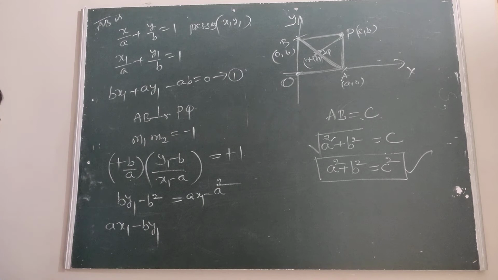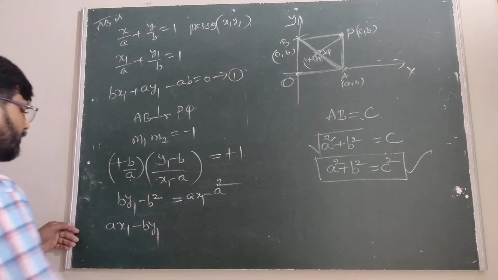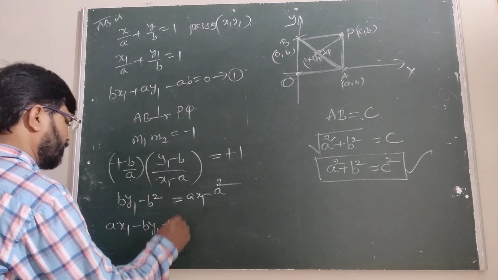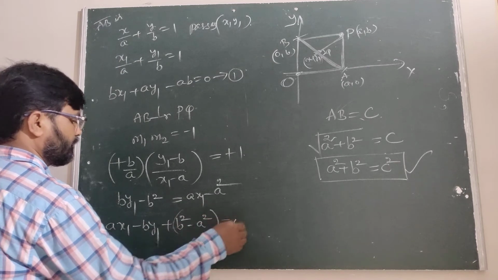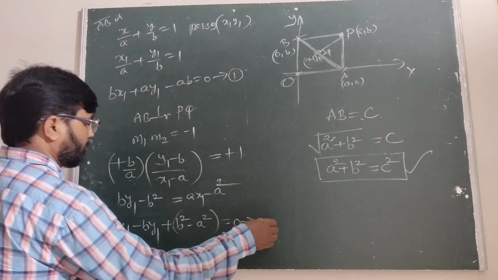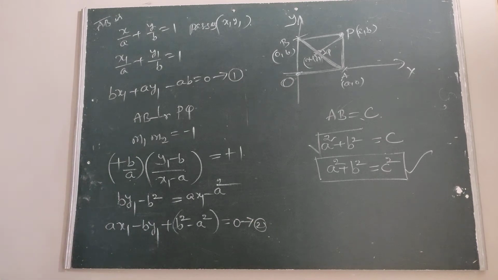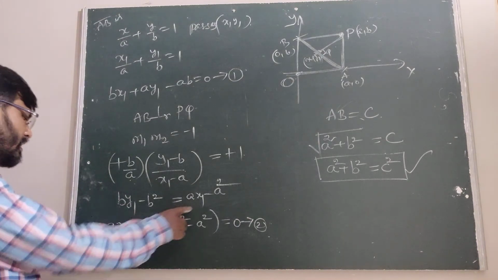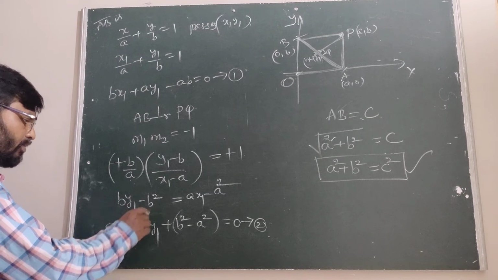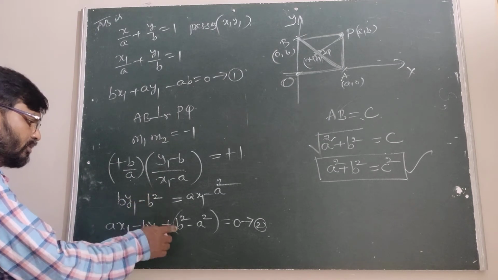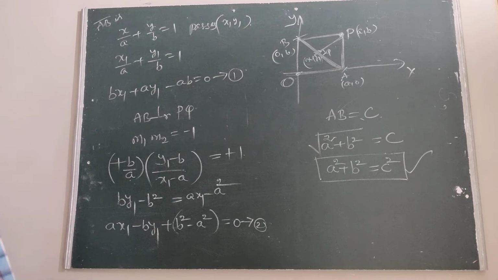After that we can write plus b square, that is minus b square minus a square. This is equation 2. Is it clear or not? So how to find this one? This is ax1 minus by1. Everyone listen carefully. Minus b square is plus b square.